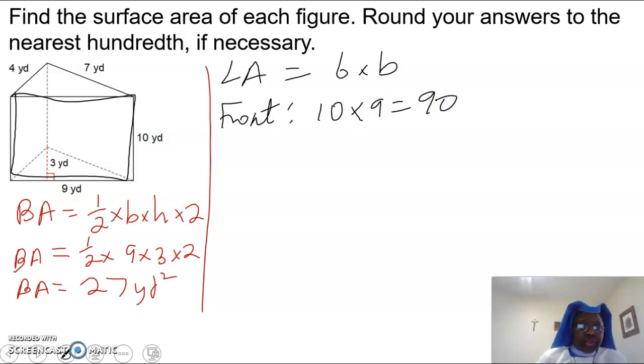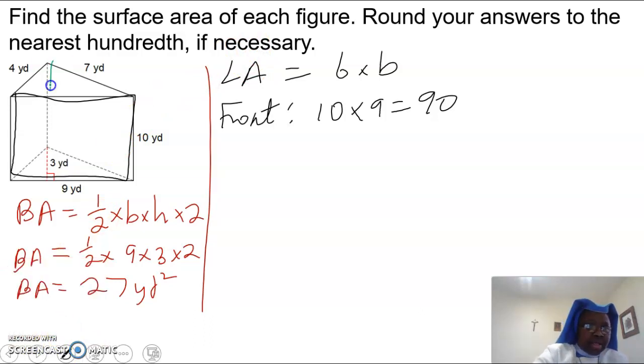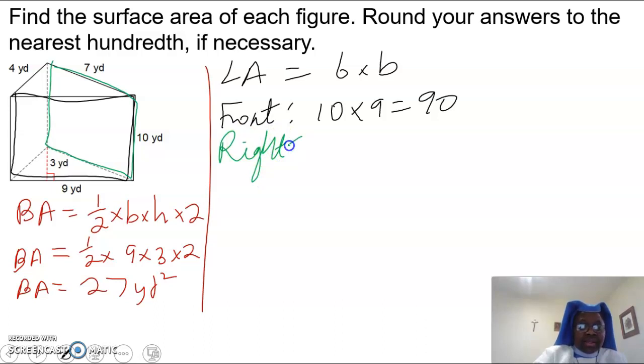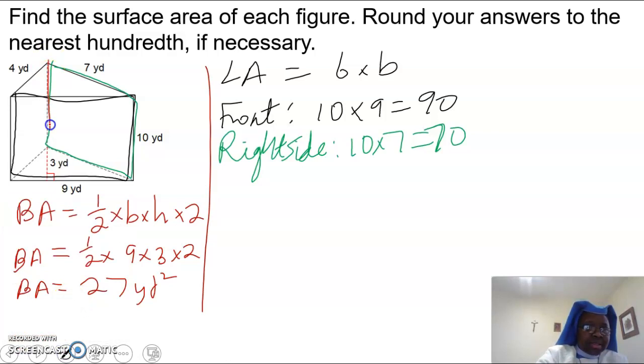And then we do, let's call it the right side. It's going to be 10 by 7, which is 70. And then the other one is this one here.